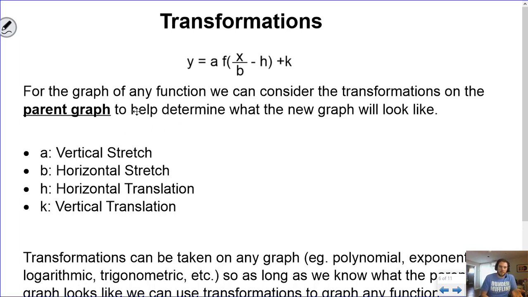So for the graph of any function, we can consider the transformation on the parent graph to help determine what the new graph looks like. So this is our transformational form, where we have y equals a times some function f of (x minus h) over b, plus k, where a is my vertical stretch.